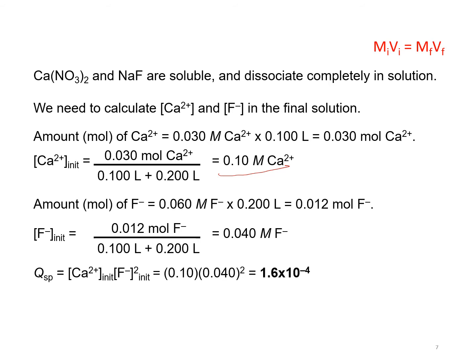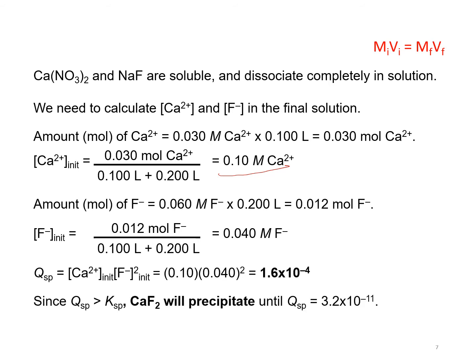Now, to figure out QSP, we plug in the values into this expression right here, and that would give us a value of QSP of this. So now if we compare it to the KSP value given to us in question, QSP value is higher. QSP is greater than KSP, which means calcium fluoride will precipitate out into the solution.